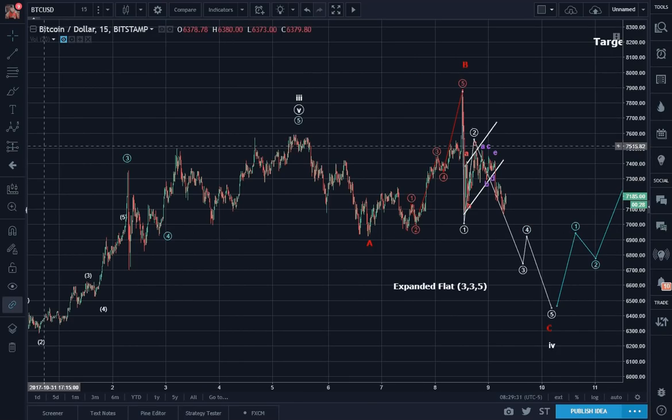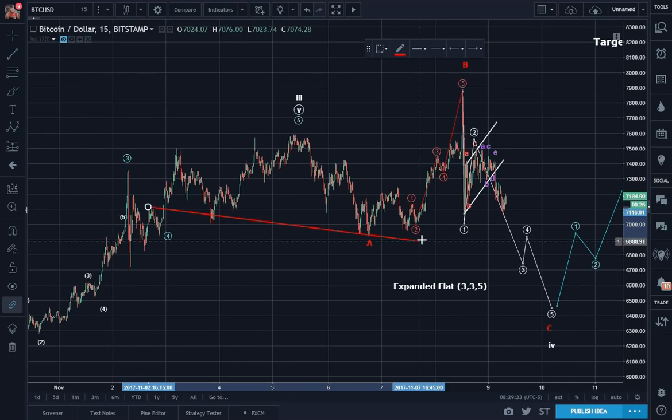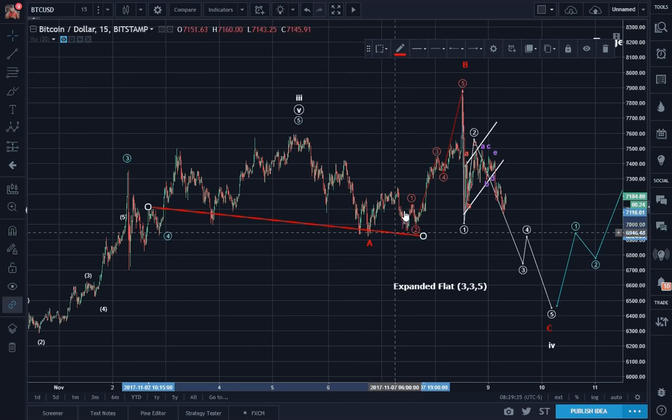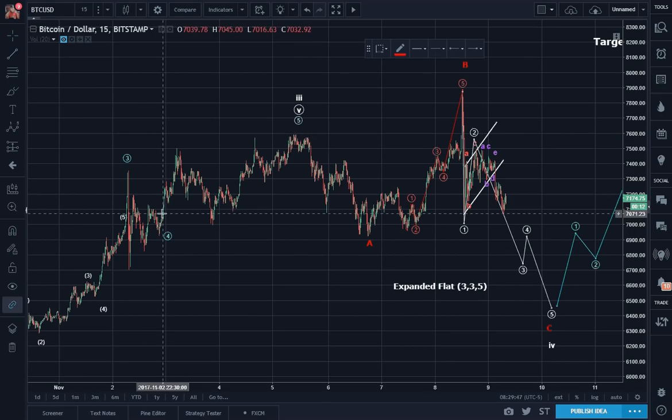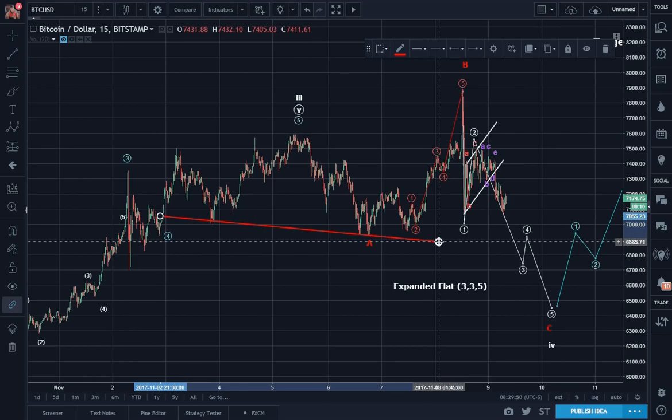Now some are saying, oh, look at this Head and Shoulders invalidated by this move. That's why I think Elliott waves quite often can trump these kinds of Head and Shoulders.